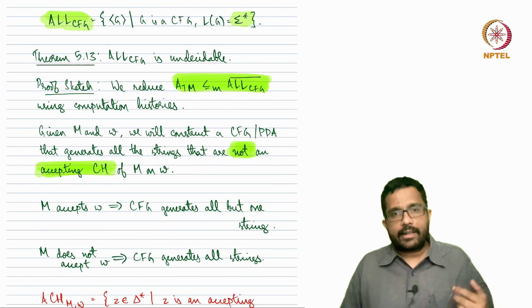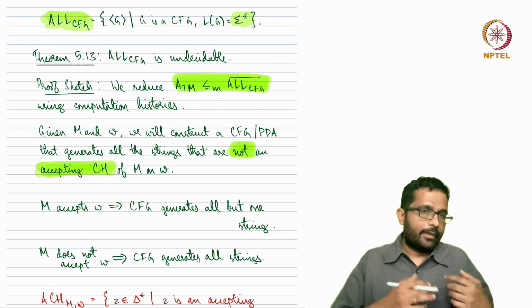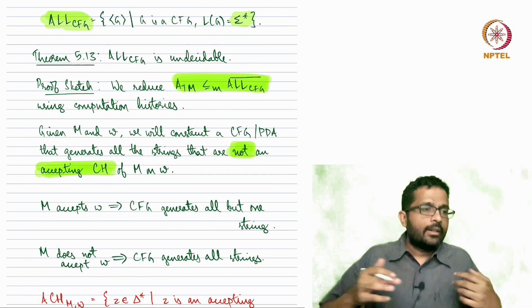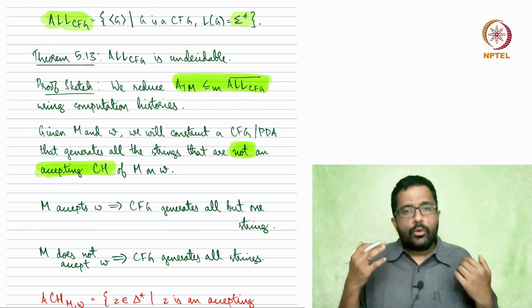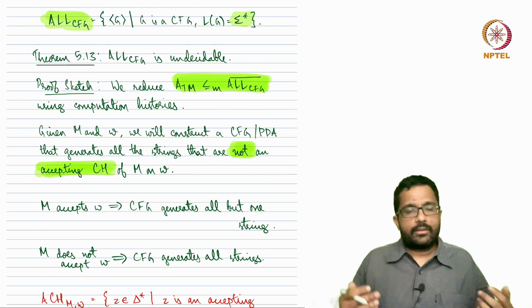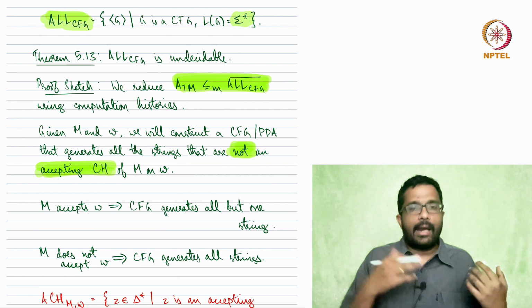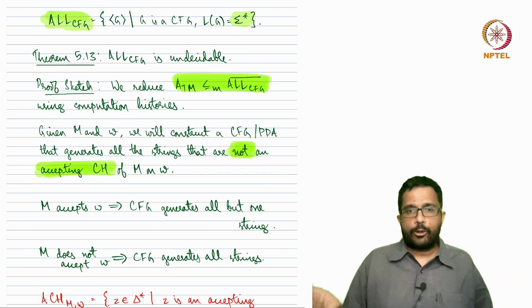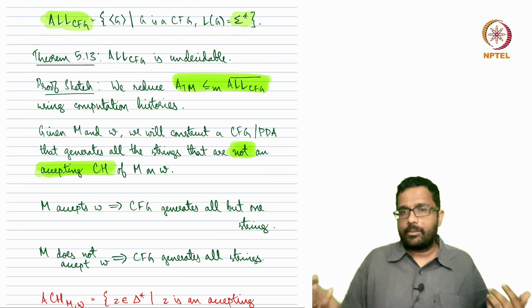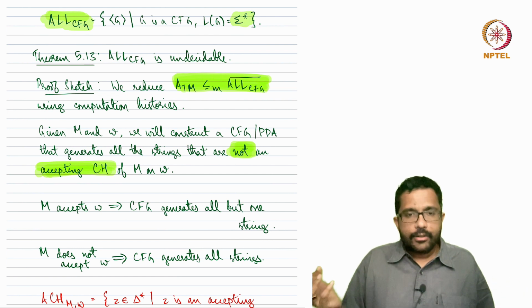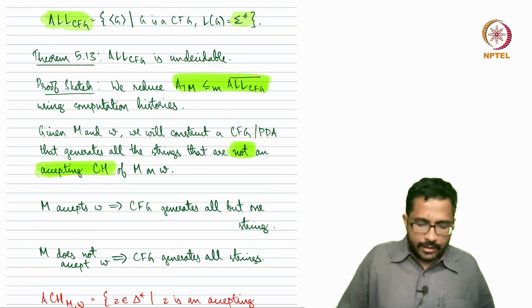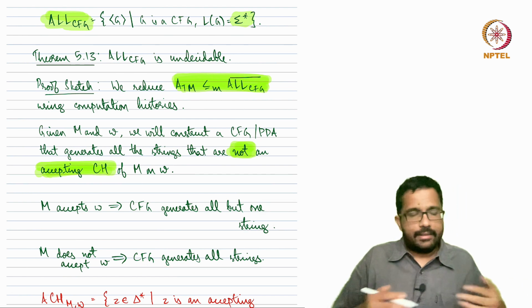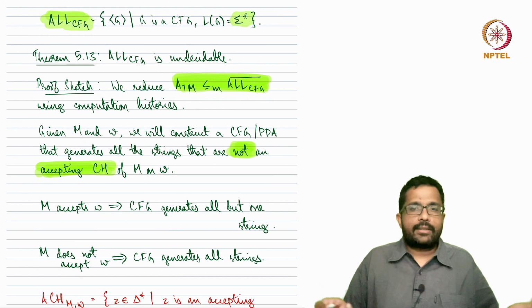Suppose M does not accept W. Then there is no accepting computation history at all, because only if M accepts W can we have an accepting computation history. Otherwise it cannot be valid. So if M does not accept W, the context-free grammar will generate all possible strings, because there is no accepting computation history.